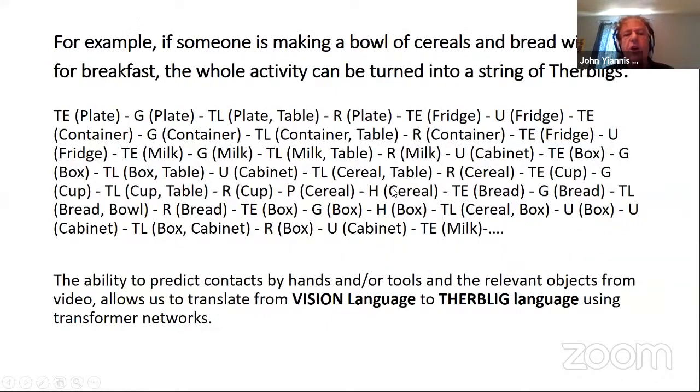And so, for example, if somebody is making a bowl of cereal and bread with milk for breakfast, the whole activity, you can turn into this Therblig. T, plate, G, plate. Basically, you put now the objects, the nouns, as arguments in these Therblig functions.